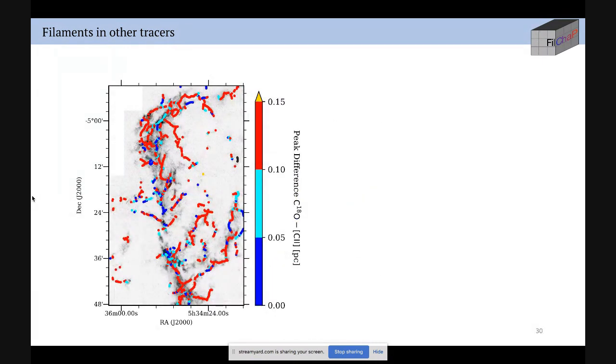And then we color the filaments by this distance. And what this plot is basically showing you is that outside of the very dense ridge of the integral shaped filament, all the filaments show chemical layering between the ionized and molecular gas of about 0.1 parsec. So this is valid for C18O.